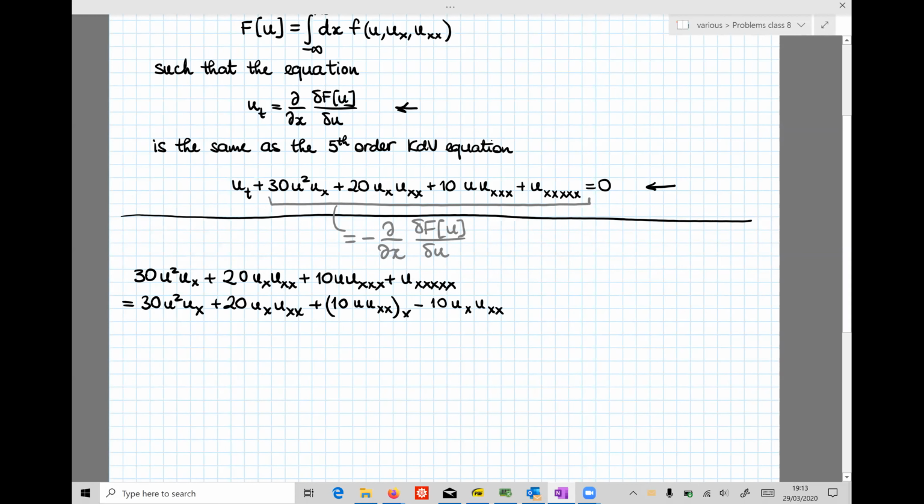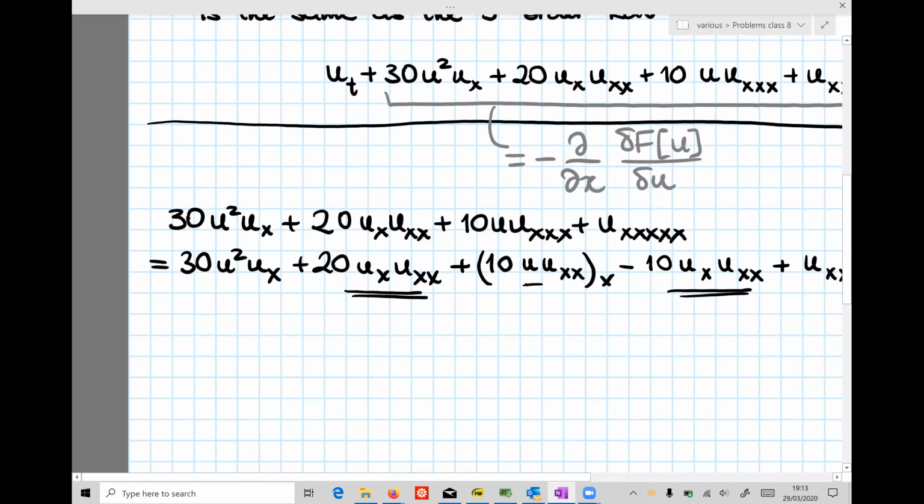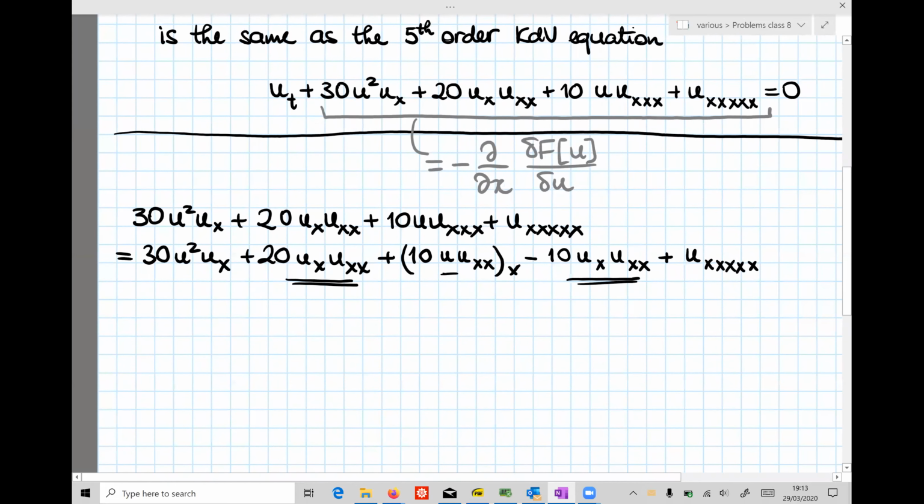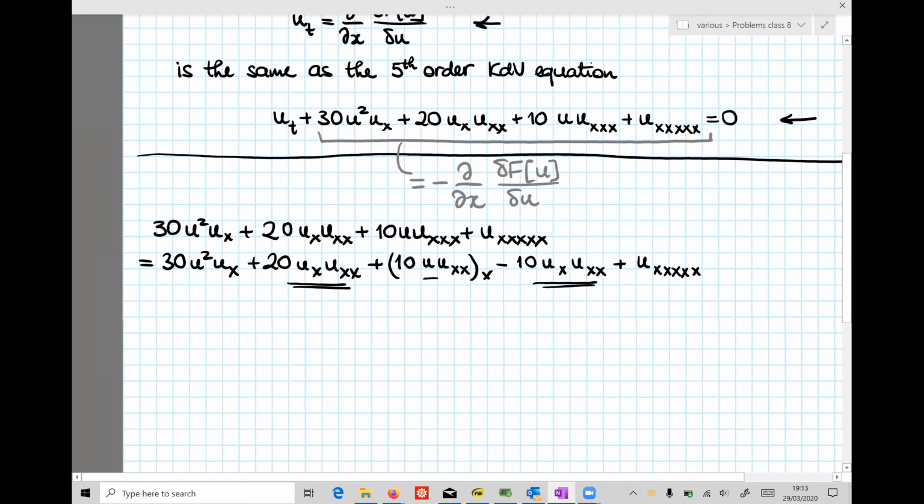So I have to subtract the term where the derivative acts on u. Okay, and then we have the last term, which we had above, which is the fifth derivative of u. So now I can group together the term 20 u_x u_xx with the minus 10 u_x u_xx that I obtained by this trick of writing things up to a total x derivative.